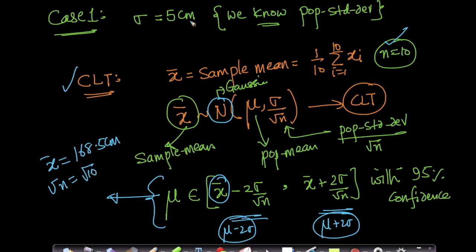Now here we assume that we know the population standard deviation, which is sigma. Since I know that sigma equals 5, I just make sigma equal to 5 here. So I know my x bar, I know my root n because I know that my sample is of size 10, and I know the sigma value. If I input all these three values here, I get a confidence interval which looks like this.